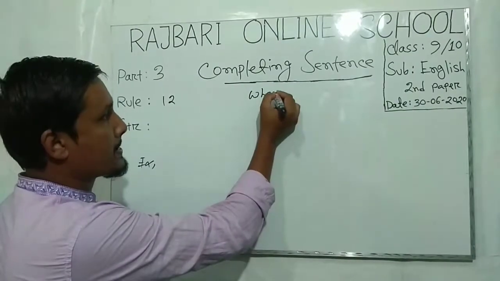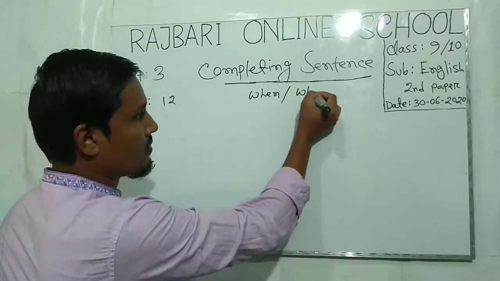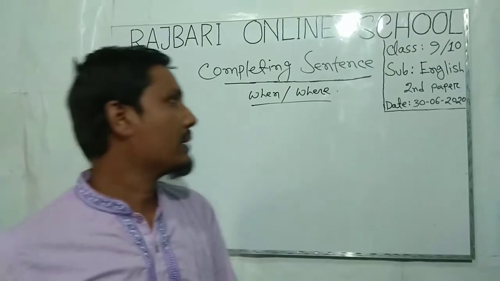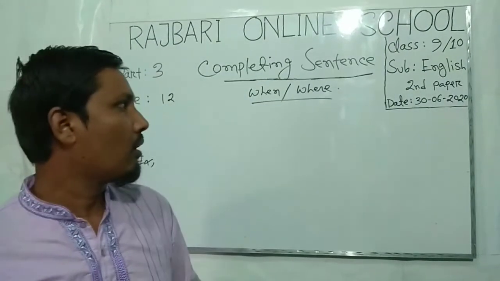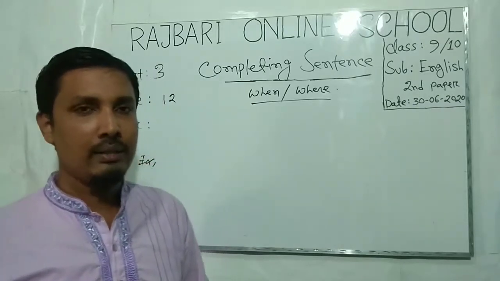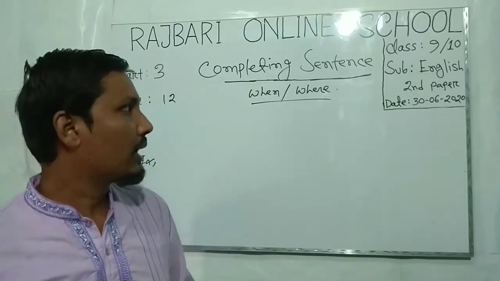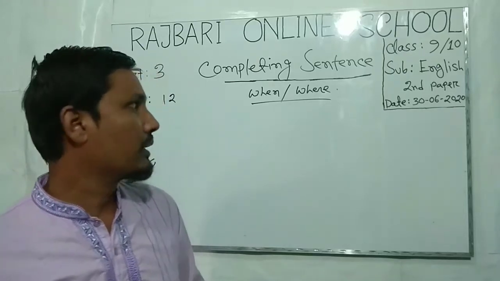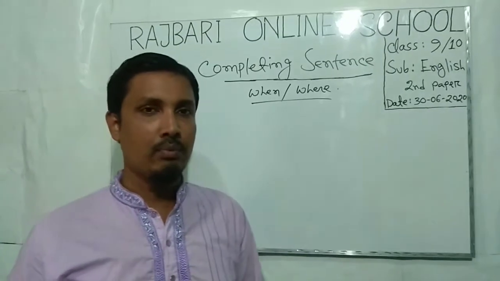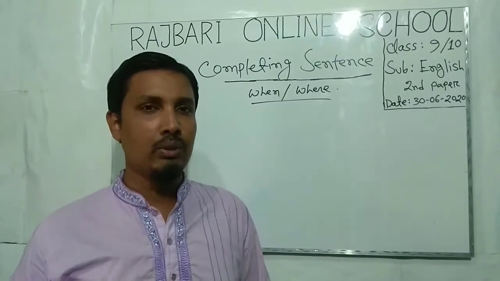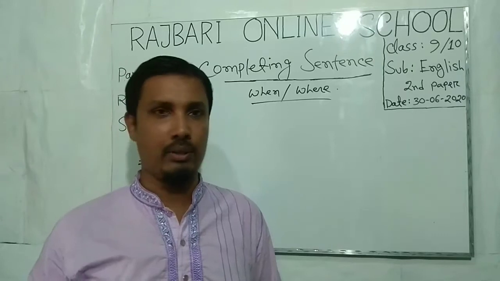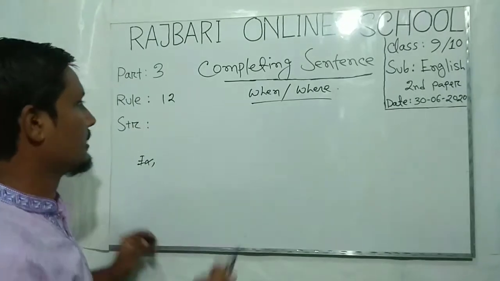When and where. This word you have seen many times in your first paper question in the passage, but we will learn about when and where for the completing sentence. Such type of word you will get in completing sentence also. So we have to learn about this. Okay, let's see.